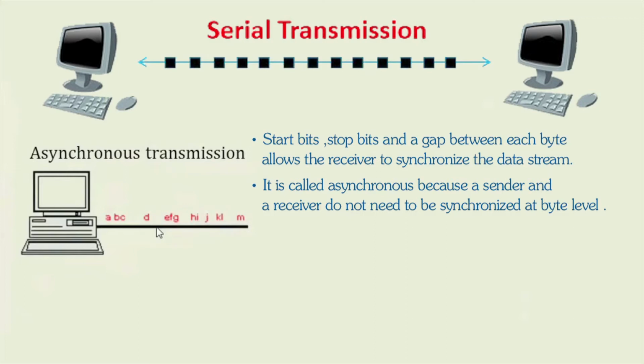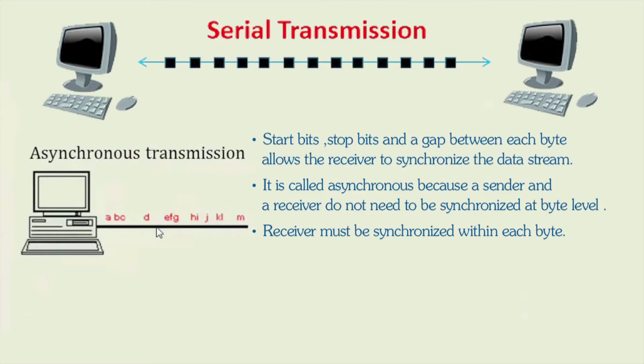This point you have to understand very well. The receiver must be synchronized within each byte. So when you are sending a byte in terms of 8 bits, then the receiver has to get synchronized within the byte, because it has to keep on counting: this is the first bit of a byte, this is the second bit of a byte, then the third bit of a byte, until it gets the stop bit. After that, again, sender and receiver are not synchronized.